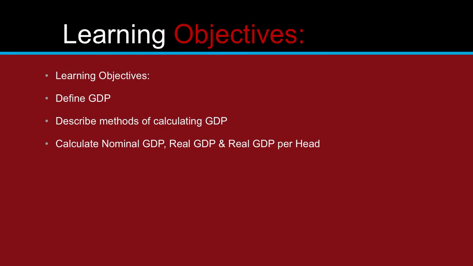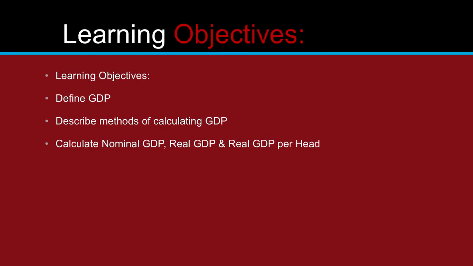The second is the output method, by adding up the value added of the three important sectors, which are the primary sector, secondary sector, and tertiary sector. By taking the sum of the value added outputs of the three sectors, you get the GDP. This is what we call the output approach.